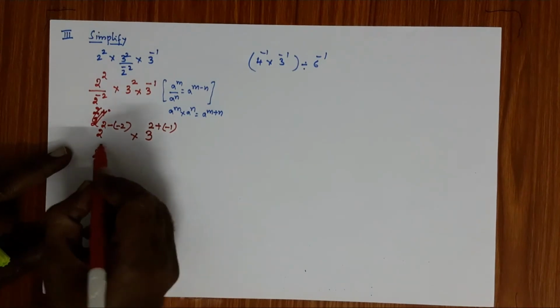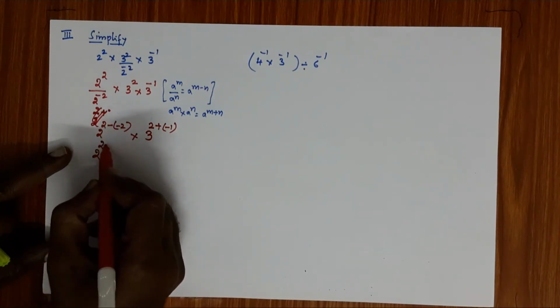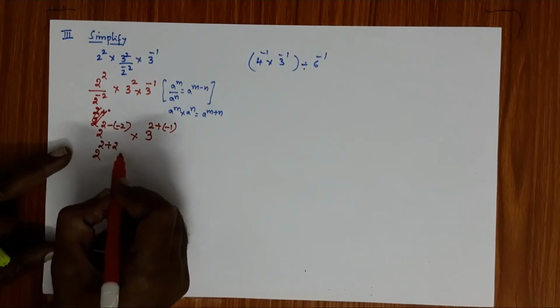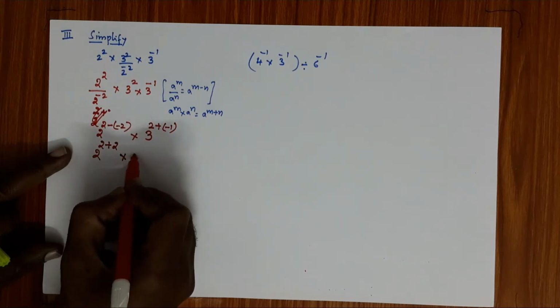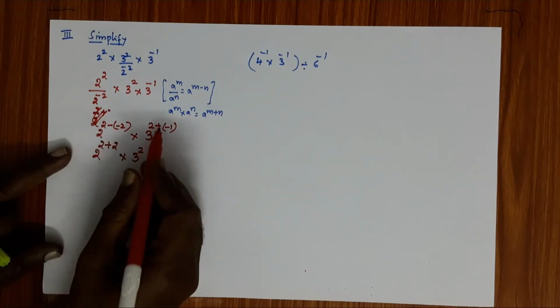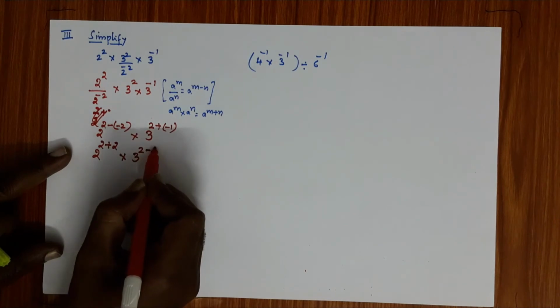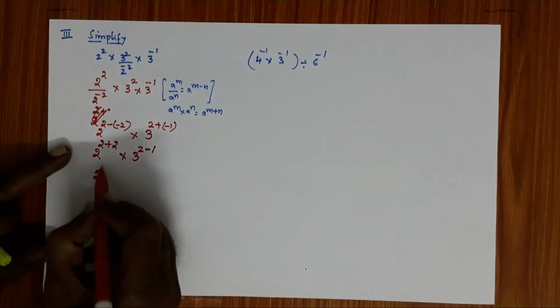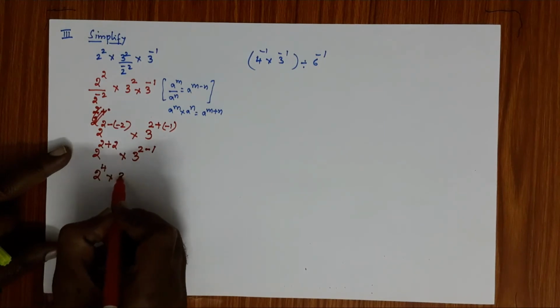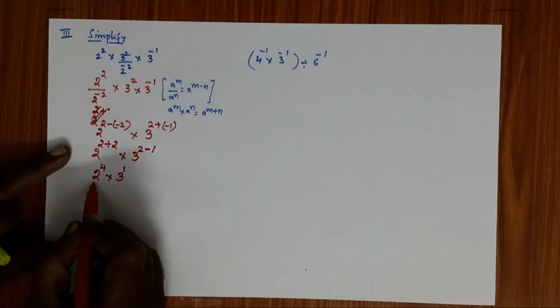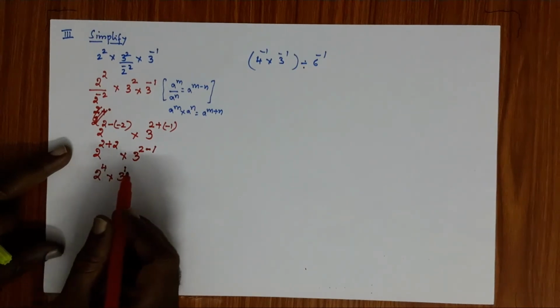Now 2 to the power of 2 plus 2, that is 4, into 3 to the power of 2 minus 1, that is 1. So 2 to the power of 4 into 3 to the power of 1.